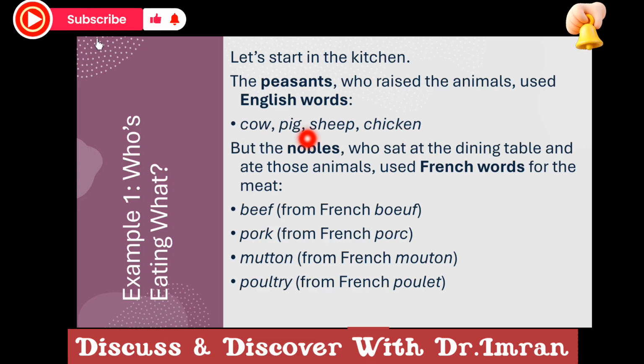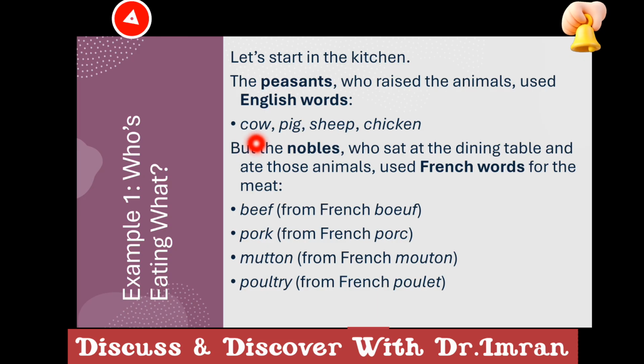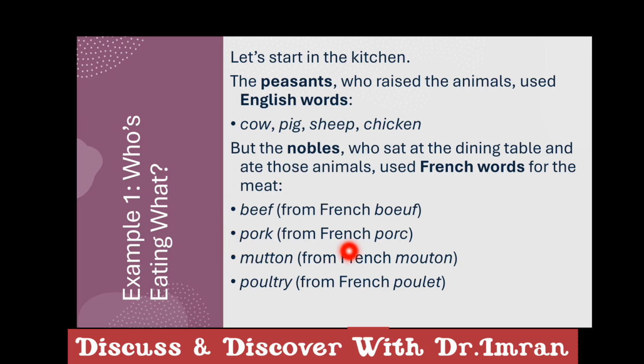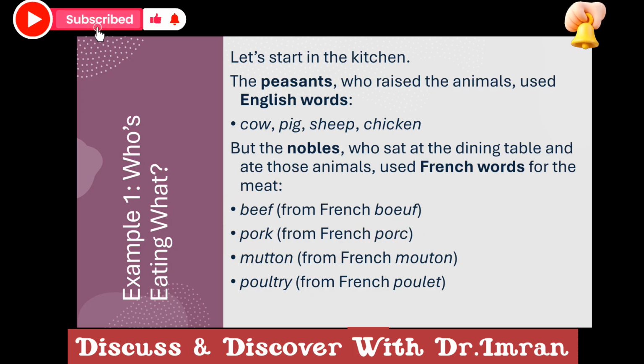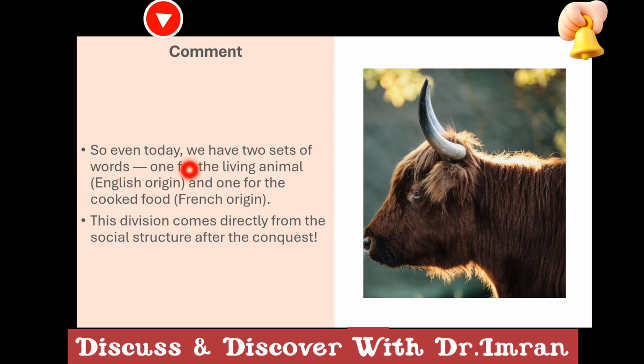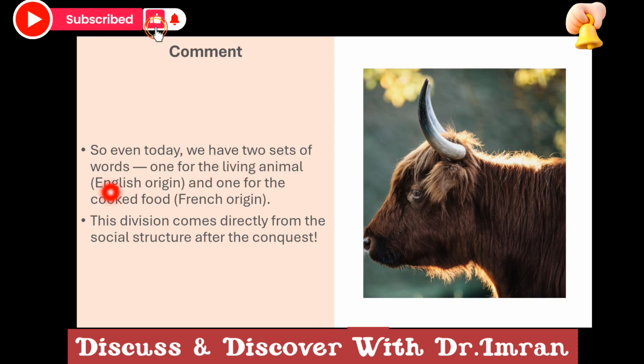So these are the animals, and the meat of these animals was used by the nobles on the table, giving these names which had origin in the French language. It's very interesting. So even today we have two sets of words.